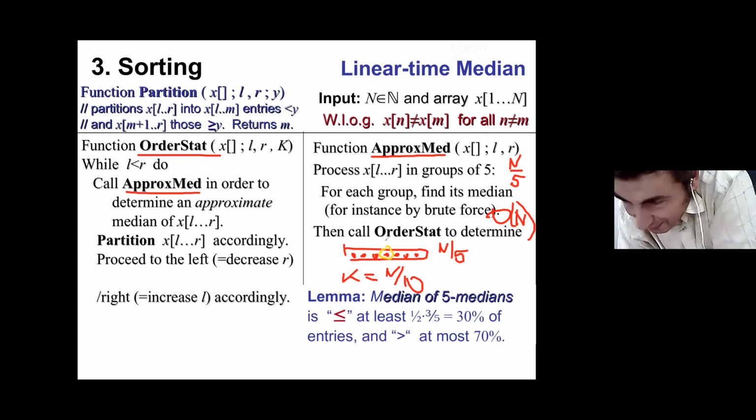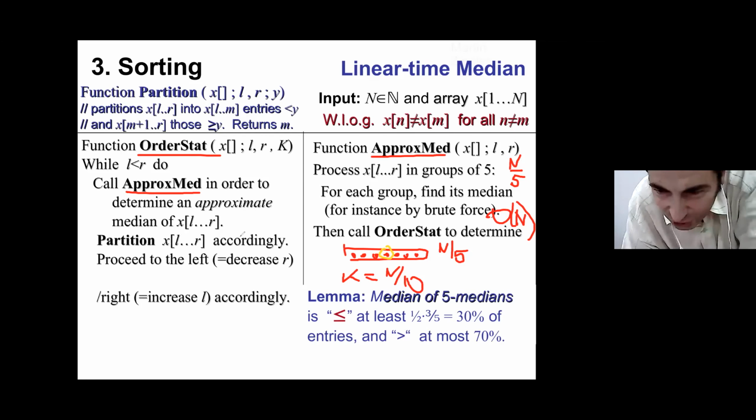You must be careful to see that the array size decreases. When order statistics calls itself recursively, the array size decreases. When order statistics calls the approximate median, the size does not decrease. But when approximate median calls order statistics, then the size decreases by a factor of 5.